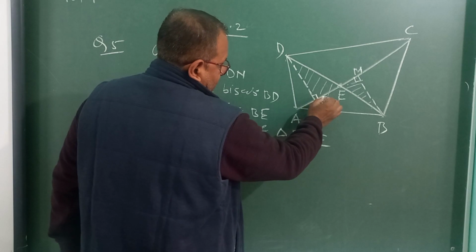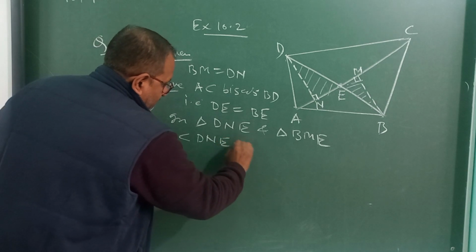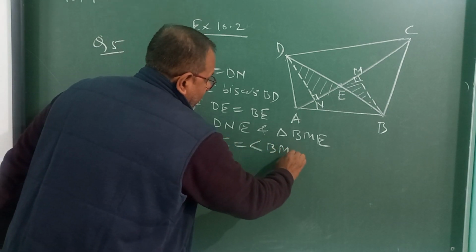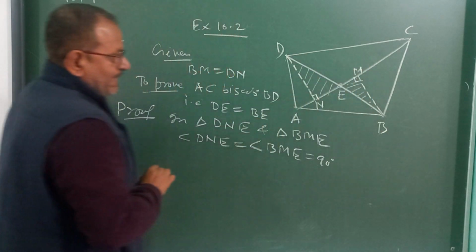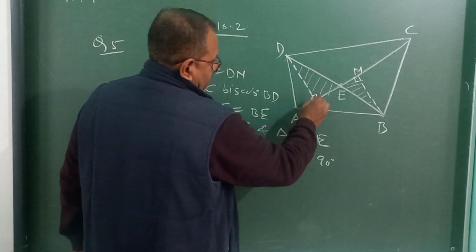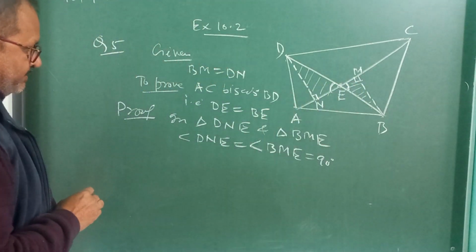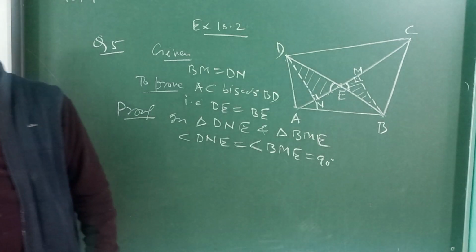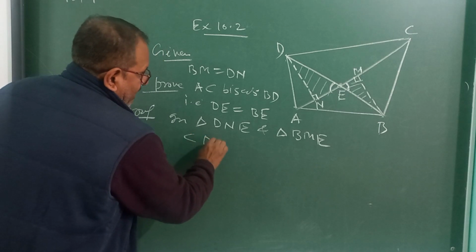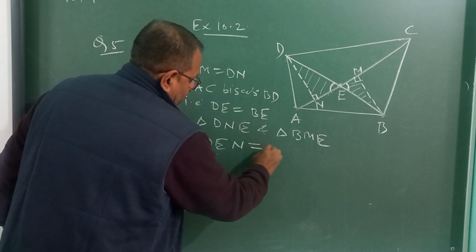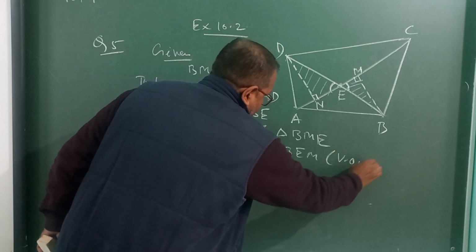One angle is given, 90 degrees, angle N, angle M. So angle DNE is equal to angle BME, 90 degrees, because both are perpendicular on the diagonal AC. And these two angles are vertically opposite angles. Angle DEN is equal to angle BEM, vertically opposite angles.